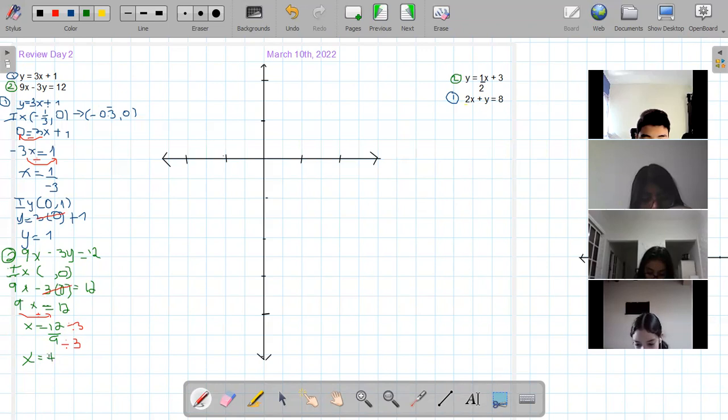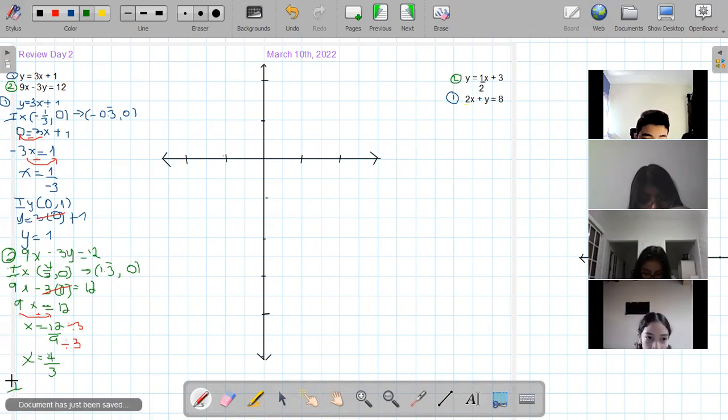And 9 divided by 3, 3. So I'm going to place that 4 over 3 over here. And again, just for graphing purposes, I'm going to pass it to a decimal. 4 over 3 is the same thing as saying 1.3333333333, etc. So I'm placing 1.3 with a bar on top, comma, 0.